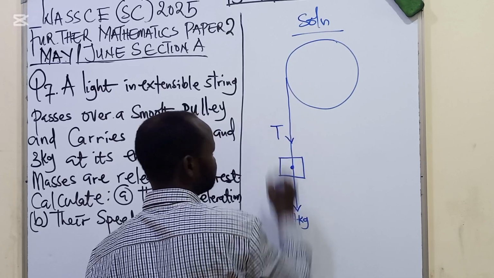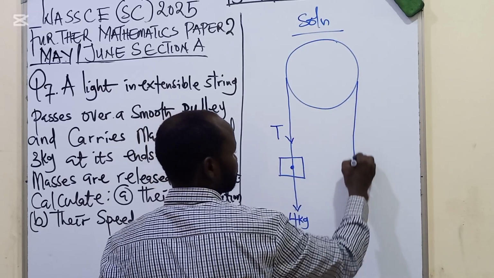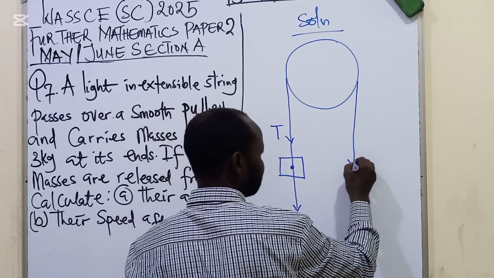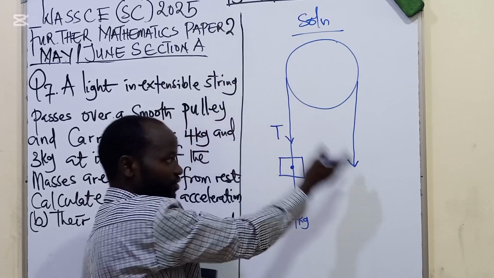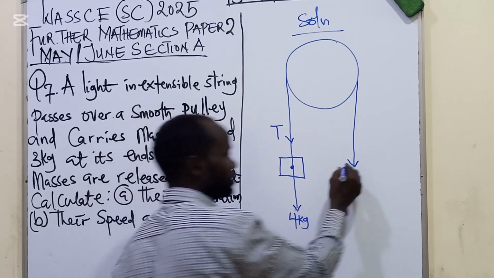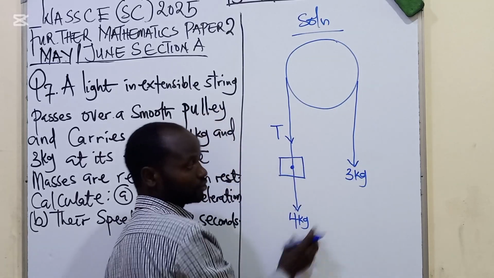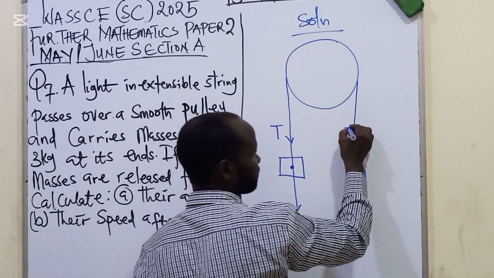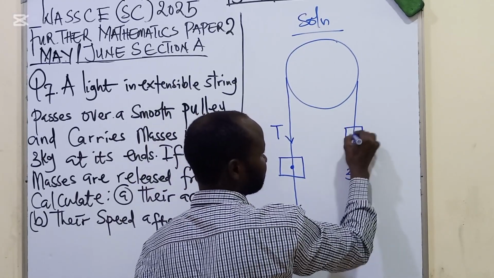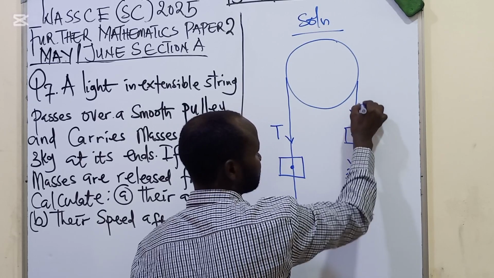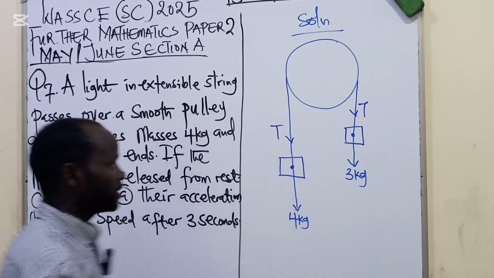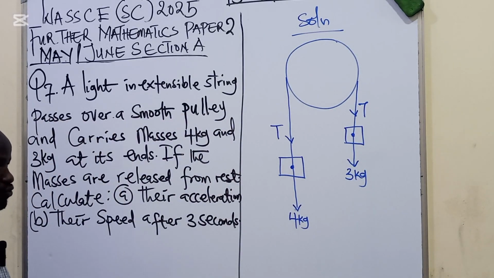This will be the tension. Then, of course, we'll have another mass here, which will go up because 3 kg is less than 4 kg. So here will be 3 kg. This will be the downward force and the upward force as well. Then we have tension here. So this is how the pulley is going to be.